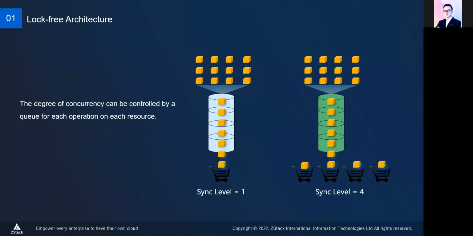Another feature we bring in is the lock-free architecture. We all know from experience in OpenStack that when we create a lot of virtual machines, some of them fail to be created because of performance issues with RabbitMQ; some of the queues get stuck and respond slowly.